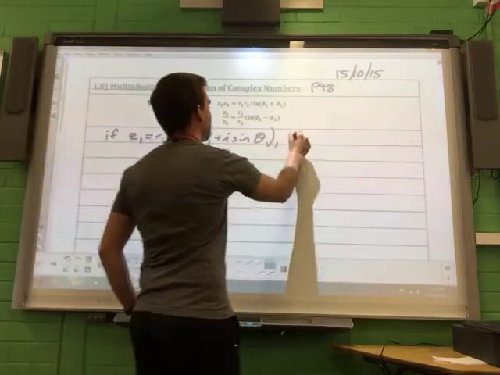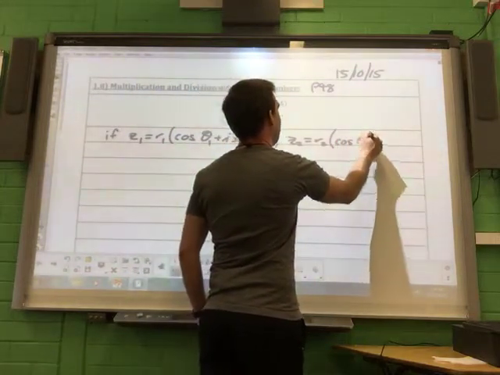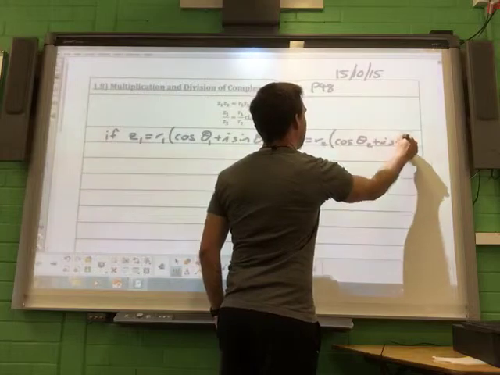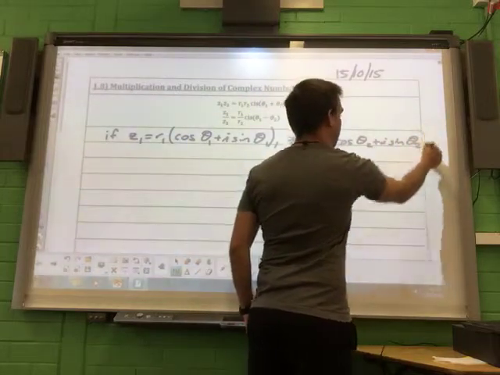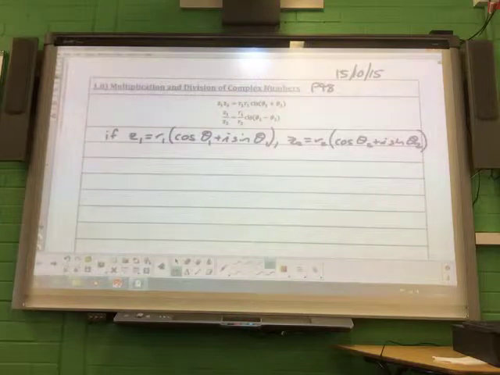And z2 is r2 (cos theta 2 plus i sine theta 2). And remembering that's also cis theta, cis is cos and sine, the shorthand for the part in the brackets, but I've written all of that because we need to use some trig identity to be able to derive the result.